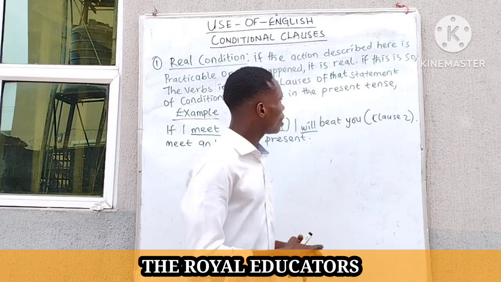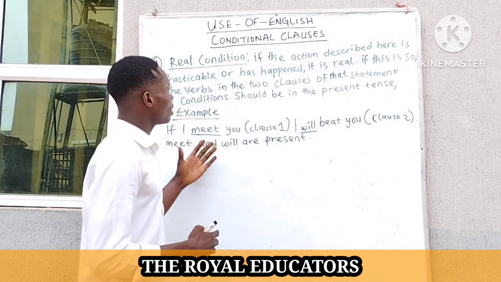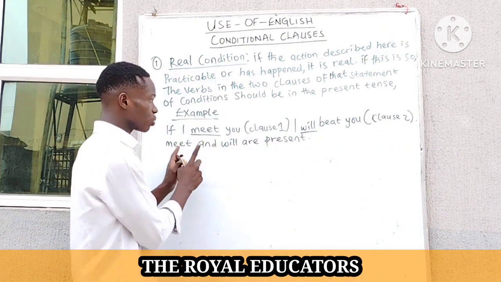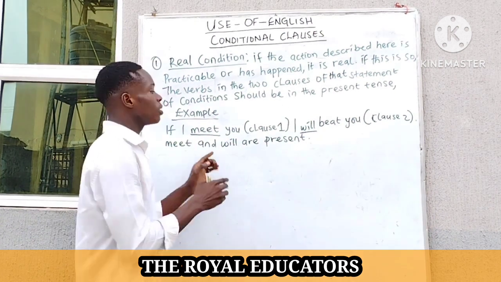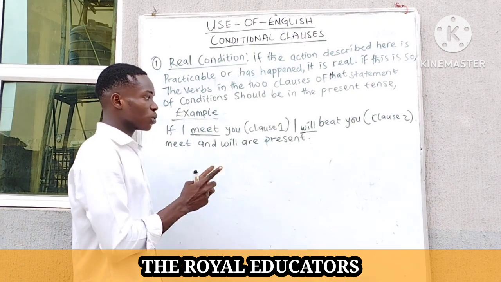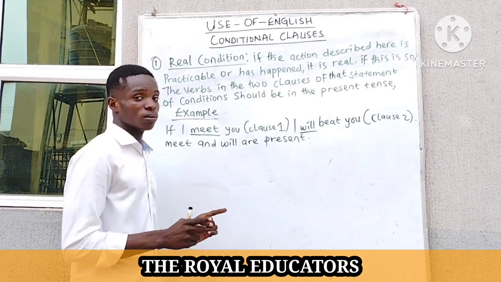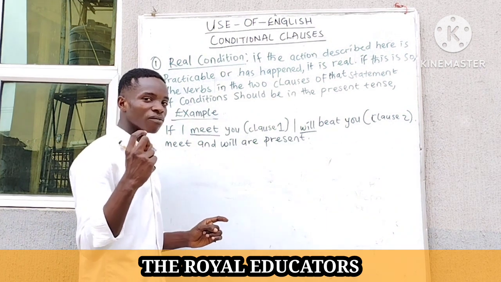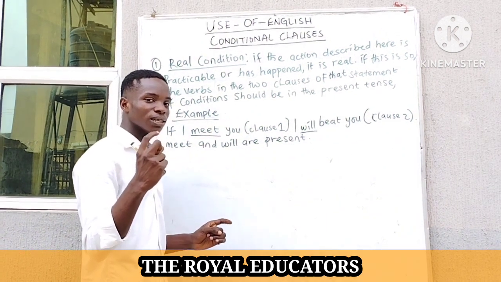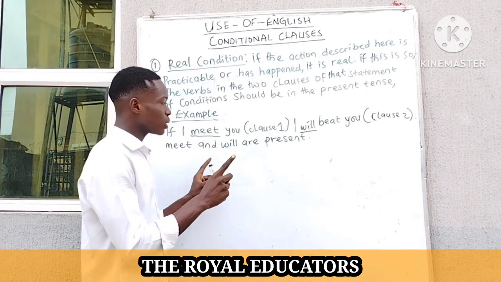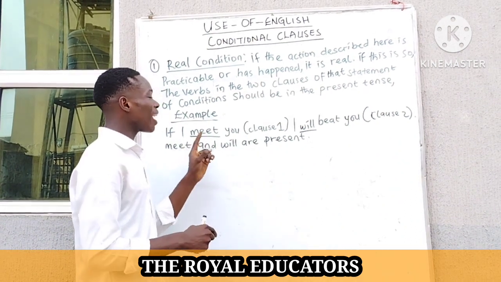Okay, now let's look at some examples. I've given an example here: if I meet you, which is clause 1, we should not identify a clause by now. So, if I meet you, clause 1, I will beat you, clause 2. If you have your sense still active, you will look at this and examine something deep in it.